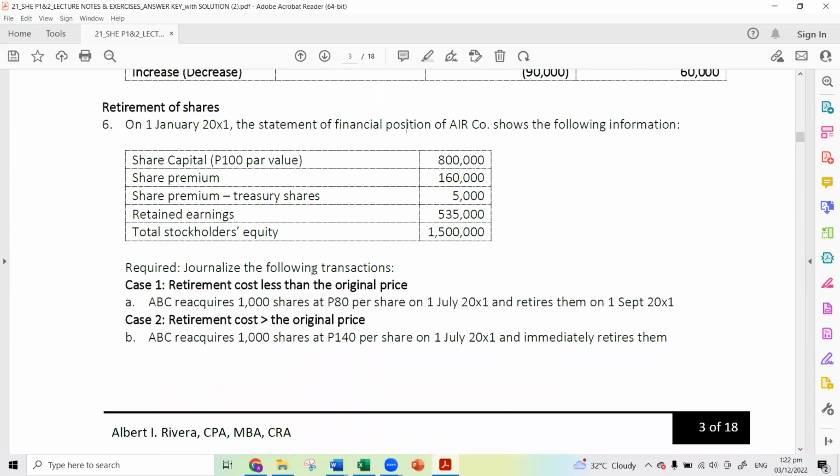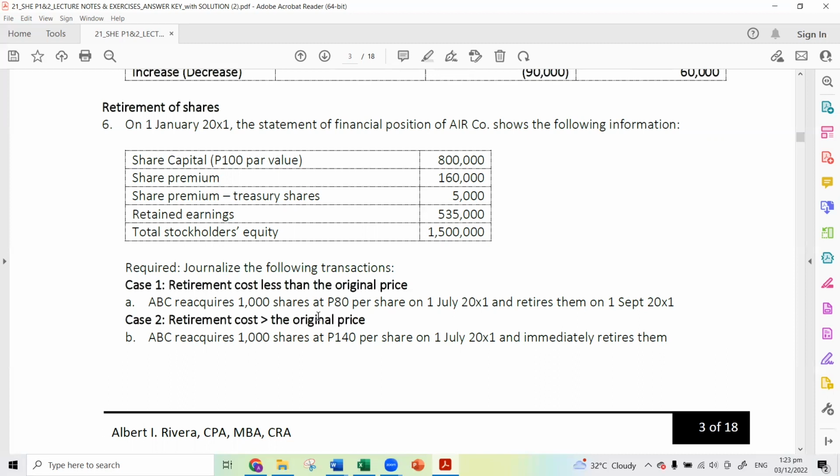So, in this given illustration, kung mapapansin mo, retirement cost ang ginamit na term. Less than the original price, tapos retirement cost is more than the original price. Pag-usapan natin to.